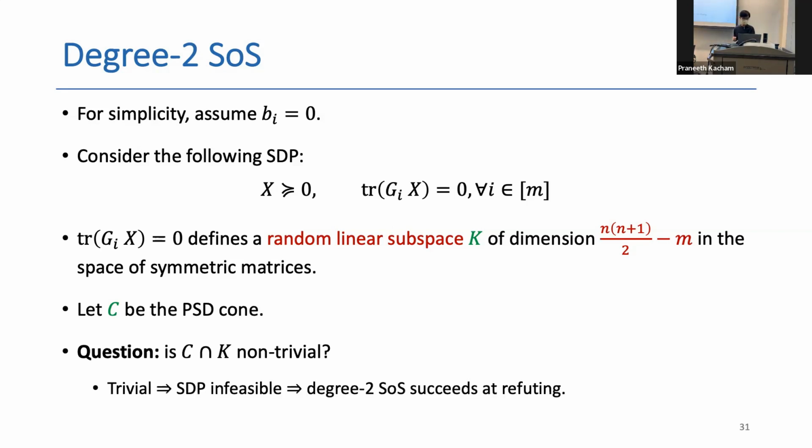Trivial just means that the intersection is only 0. If it's only 0, then this SDP is infeasible, which means degree 2 SOS succeeds at refuting. On the other hand, if there's some non-trivial solution, that means degree 2 SOS thinks this system is feasible. Does this make sense?